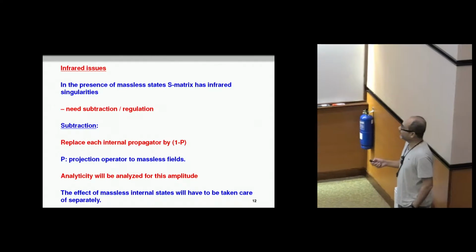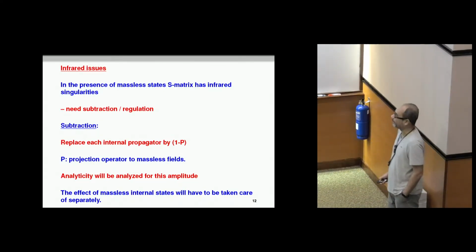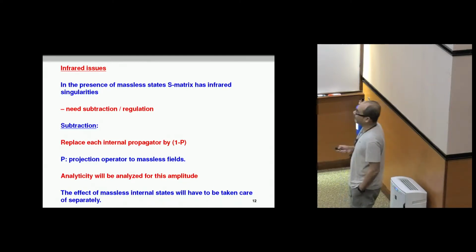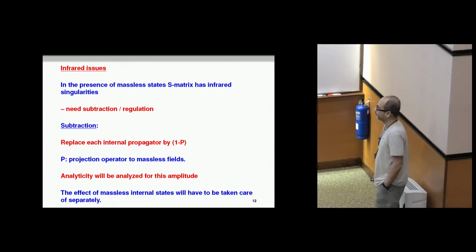Accepting that these have to be treated separately, there are two possible ways one can proceed, which we will call either subtraction or regulation. Subtraction amounts to the following. We replace each internal propagator by 1 minus P, where P is the projection operator to massless fields.